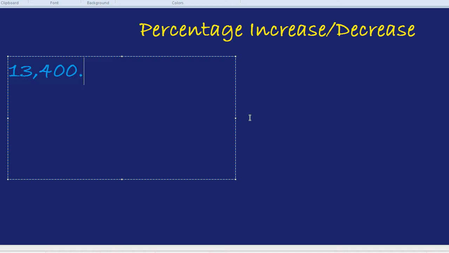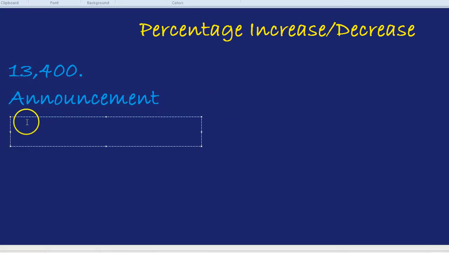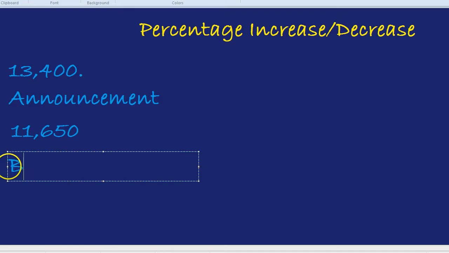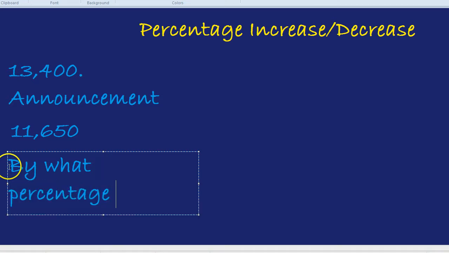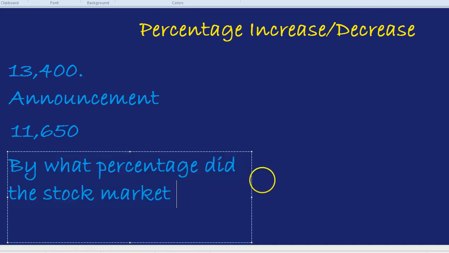The announcement is made, and now the stock market goes down to 11,650. But the question is, by what percentage did the stock market decrease?